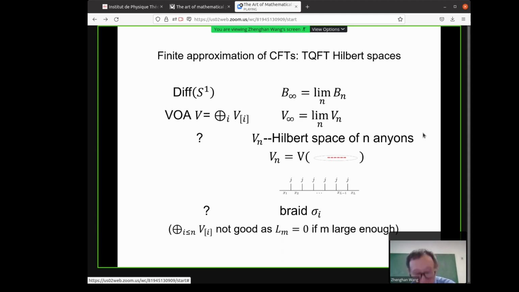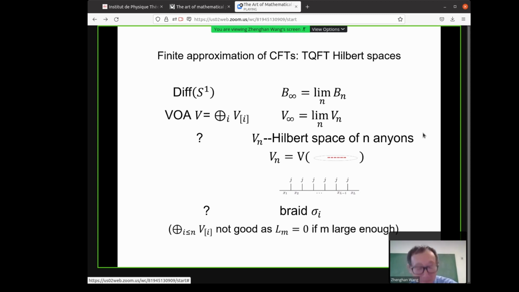Here's one analogy I want to make. Since the Hilbert spaces of conformal field theories are infinite dimensional, we have to approximate them by finite dimensional Hilbert spaces, because that's how quantum computers work. If you think about the diffeomorphism group of S1, maybe we can consider this as an analog of the infinite braid groups.